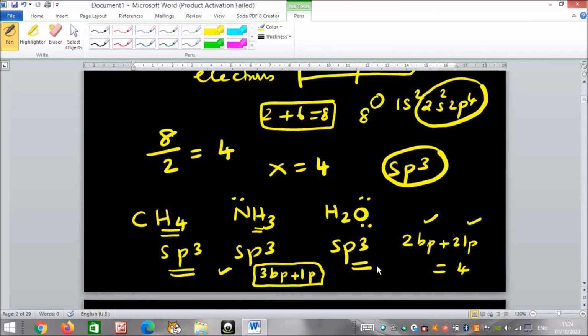So in the preliminary introduction, this is the thing you should understand. When the total number of electrons is greater than 8, you have to divide them by 8. That we will discuss in our next session. Thank you.